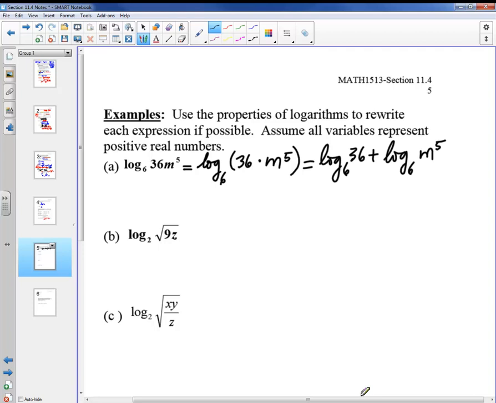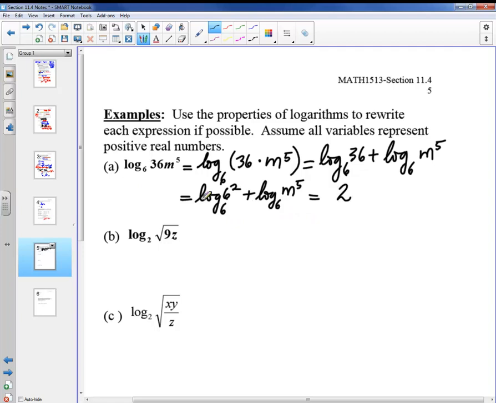And the first thing that catches my eye here is that 5. So I know with the power rule that's going to go in front. But the 36 and the 6 have a common base. So I'm going to rewrite that as log base 6 of 6 squared plus log base 6 of m to the 5th power. And so now, since the bases are the same, this whole logarithm is actually equal to 2.